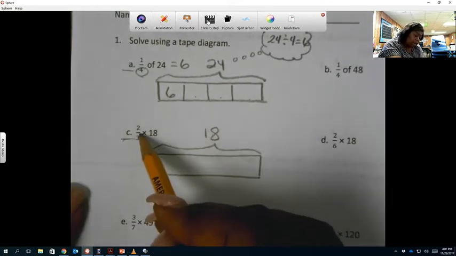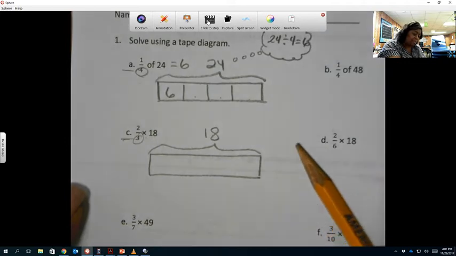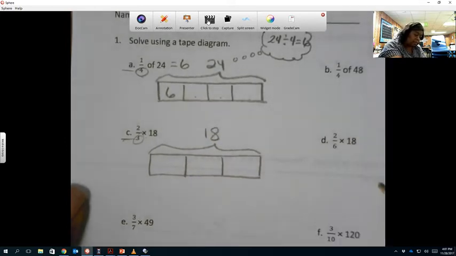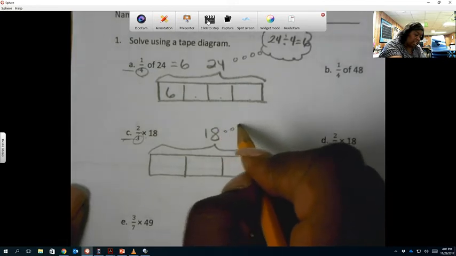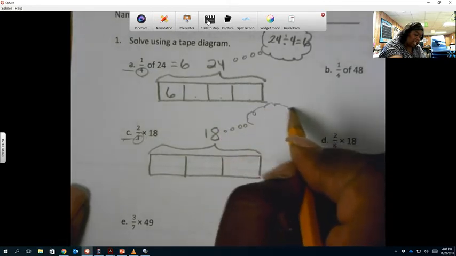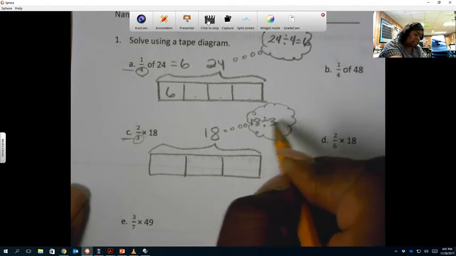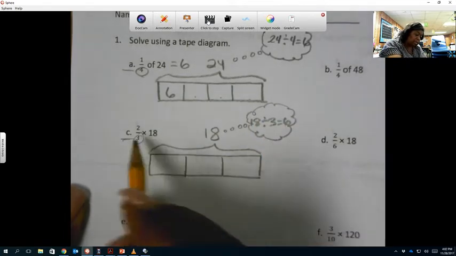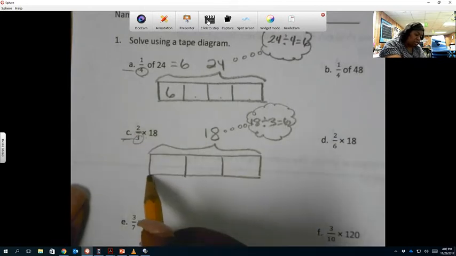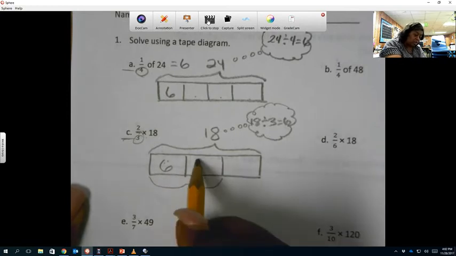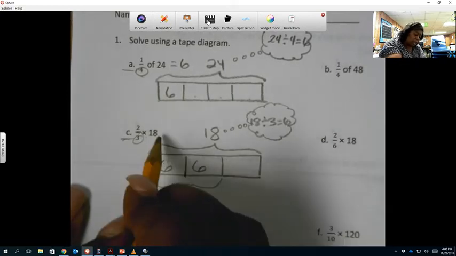My denominator says that I'm going to be cutting it into 3 parts. If I have 18 and I divide it into 3, that would give me 6. But it says 2/3. So I not only want to know 1/3, I want to know 2/3, which would be 12.